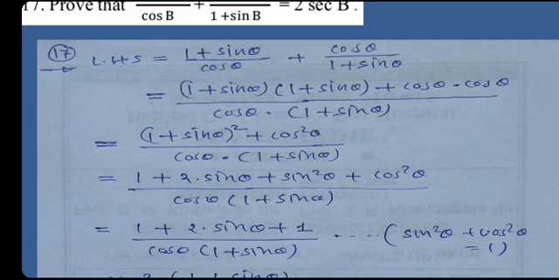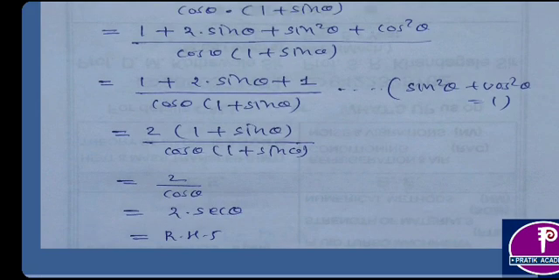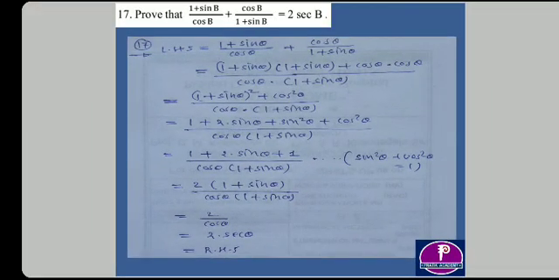Sin square theta plus cos square theta is 1, so it becomes 1 plus 2 sin theta plus 1, that is 2 plus 2 sin theta, and then when we take 2 as common, remaining is 1 plus sin theta only, upon cos theta into 1 plus sin theta. 1 plus sin theta, 1 plus sin theta get cancelled, so it becomes 2 upon cos theta, but 1 upon cos is sec, so it becomes 2 sec theta. So this is nothing but our RHS here.